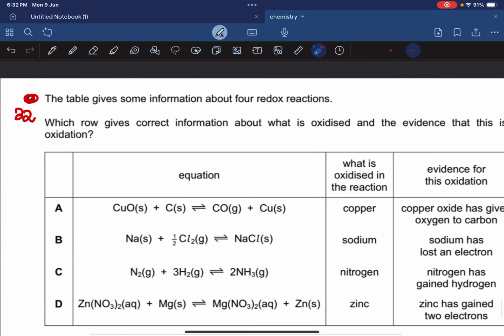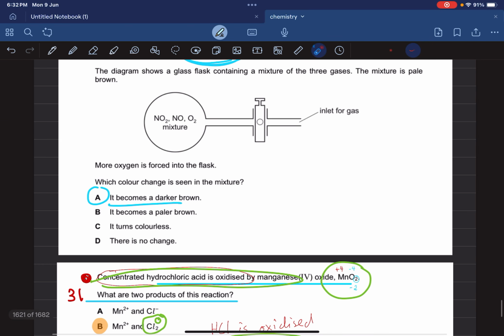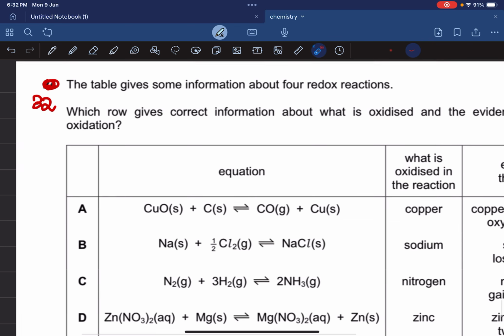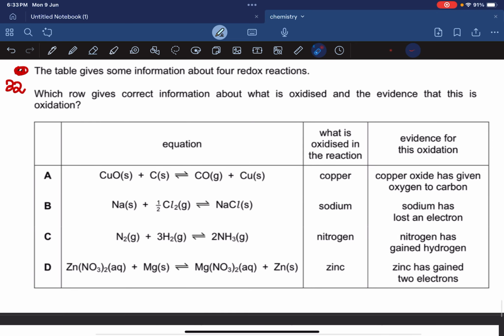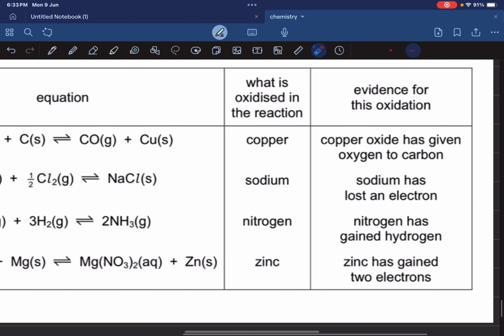Next MCQ. This one is 31, so this has to be a 32 MCQ. Another very beautiful MCQ. The table gives some information about 4 redox reactions. Which row gives correct information about what is oxidized and the evidence that it is oxidation? First I would go to evidence.